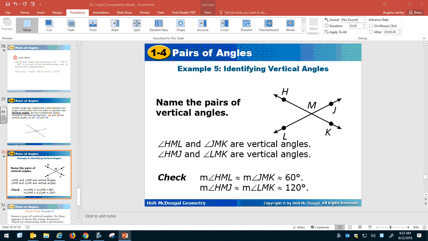And let's go with Emily. Can you give me the other angle pair? Angle JMK and angle HML. Very good. Any questions about vertical angles? Complementary, supplementary, linear pair, or adjacent?